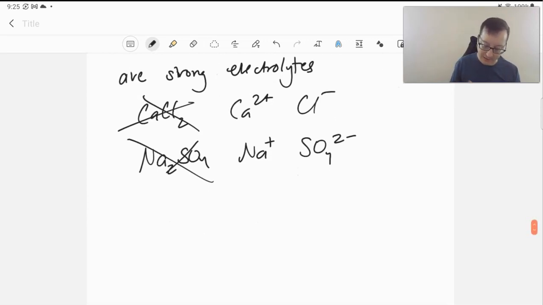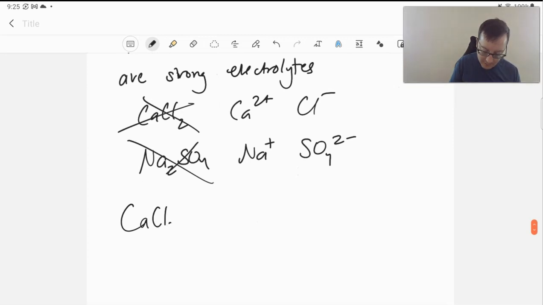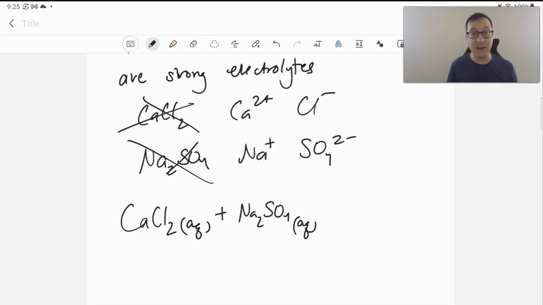So we might actually write this equation like the following. We've got our calcium chloride and our sodium sulfate, both of which are aqueous. This will always be the case. Your reactants should be aqueous for these reactions. We're going to end up producing calcium sulfate, which is a solid, we indicate with the S there.